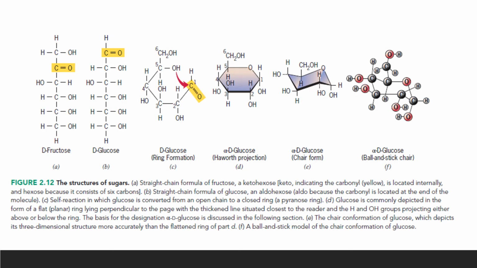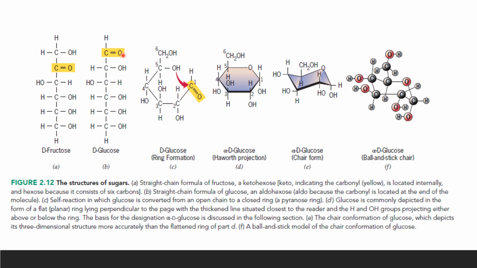So this image shows you the different structures of your sugars. So if a carbonyl group is located in an internal position, this actually forms a ketone group. So the sugar is now known as a ketose, and an example would be your fructose. Okay?